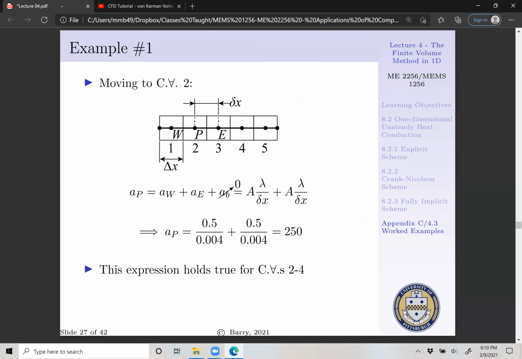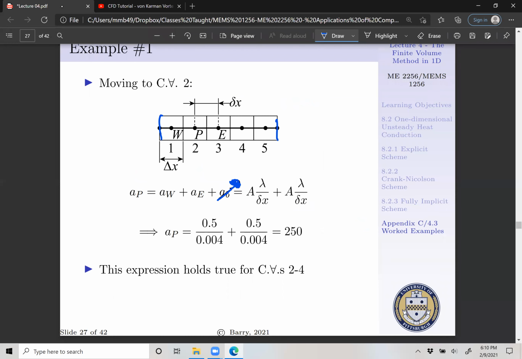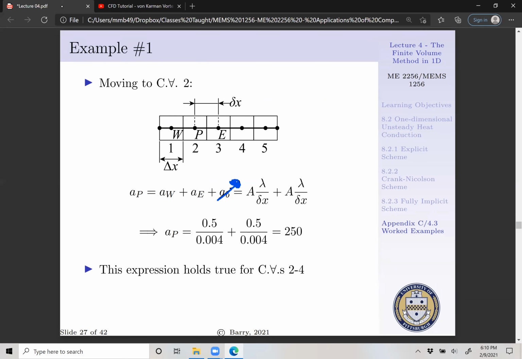Okay, now for second CV, third CV, and fourth CV, this is really easy. There is no boundary, i.e. no edge of our domain we have to worry about. So AP is equal to A west plus A east, or 0.5 divided by 0.004, or 125 plus 125. Cool, that's really easy.